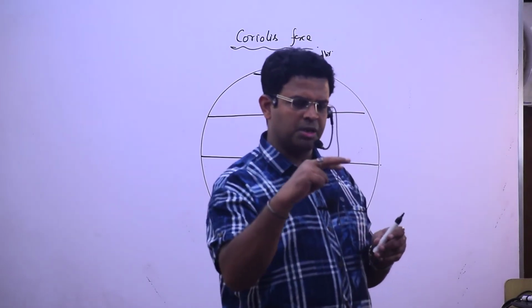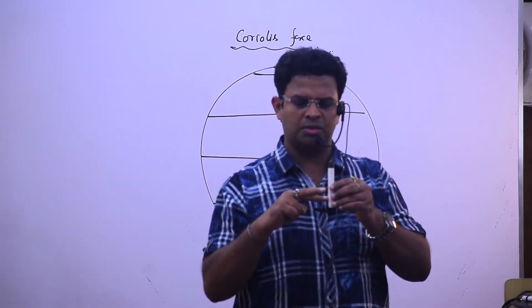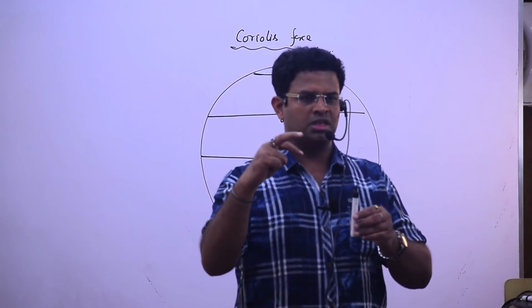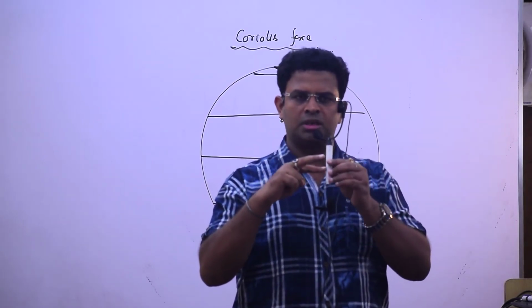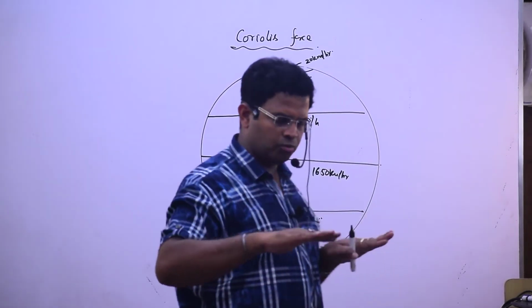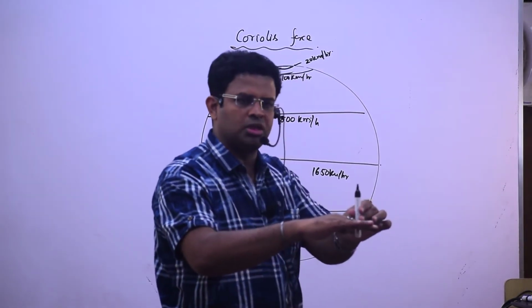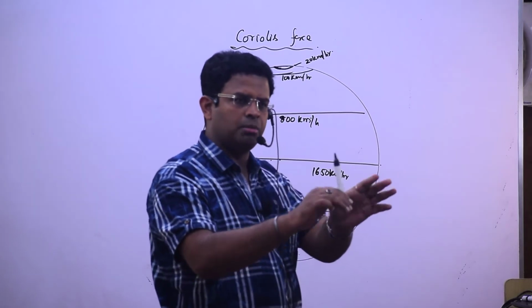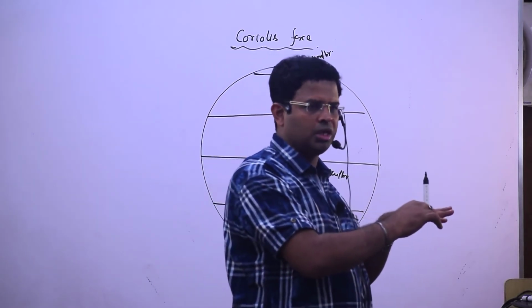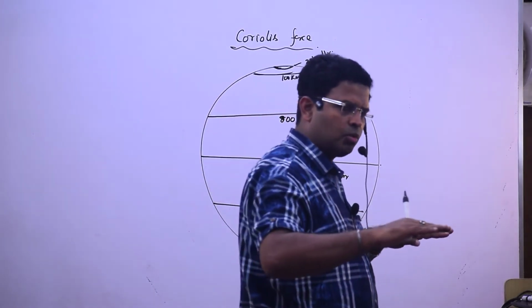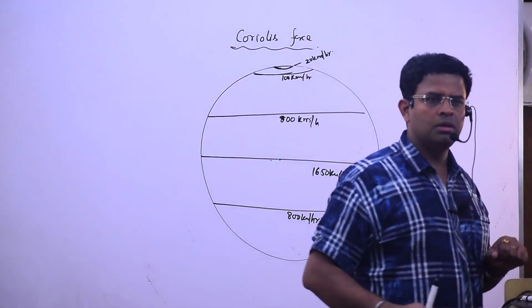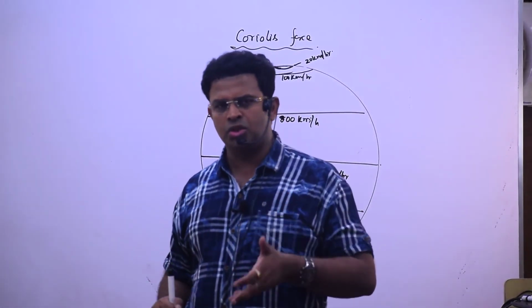Both are moving at the same speed, so when it is thrown by this person, it will go to the other person. If the speed is 100 km per hour, both are moving at 100 km per hour. Then the paint thrown will go directly from A to B, and when B throws to A, it will go to A, because both speeds are equal. So the relative speed is 0.